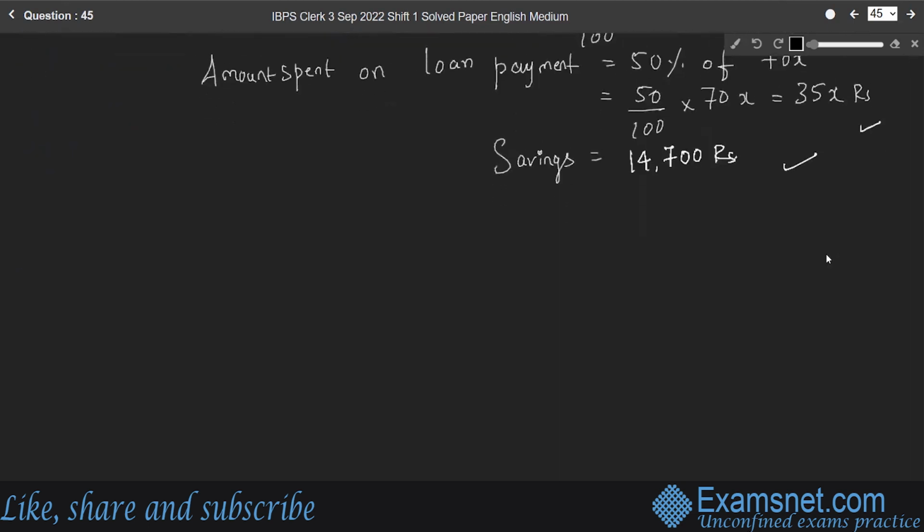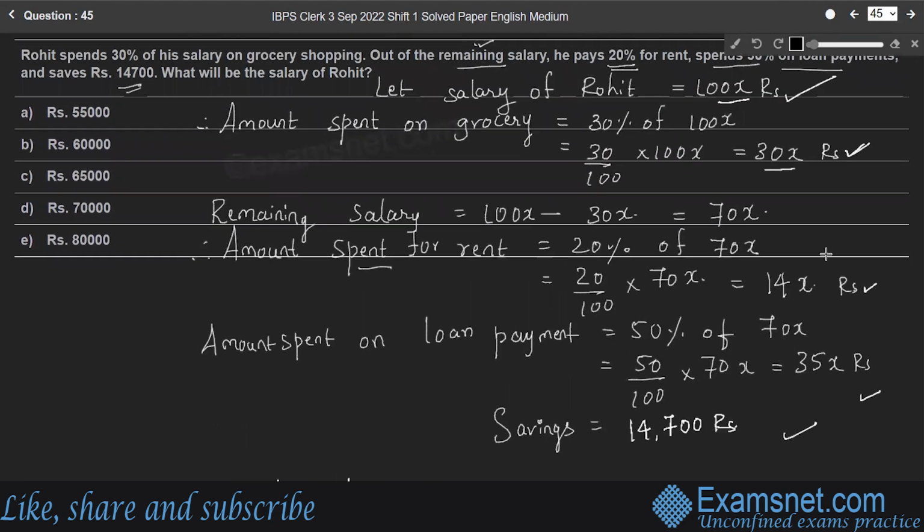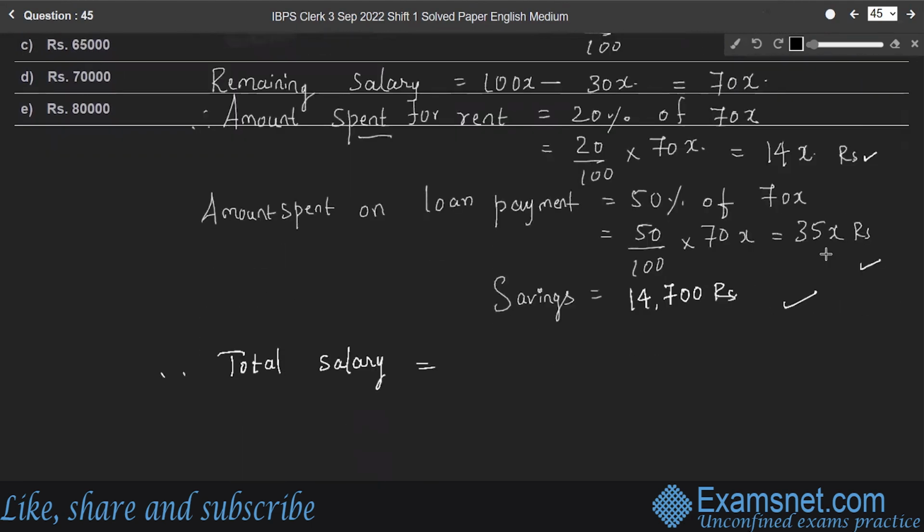So the total salary is equal to the amount spent on grocery, 30x, plus the amount for rent, 14x, and for loan payment it is 35x, and the savings is 14,700.